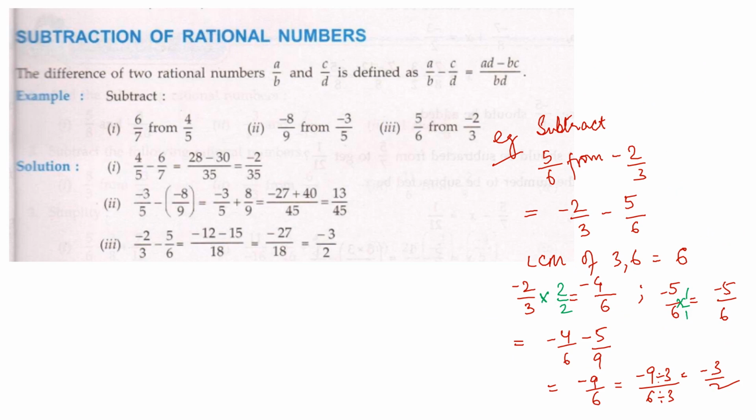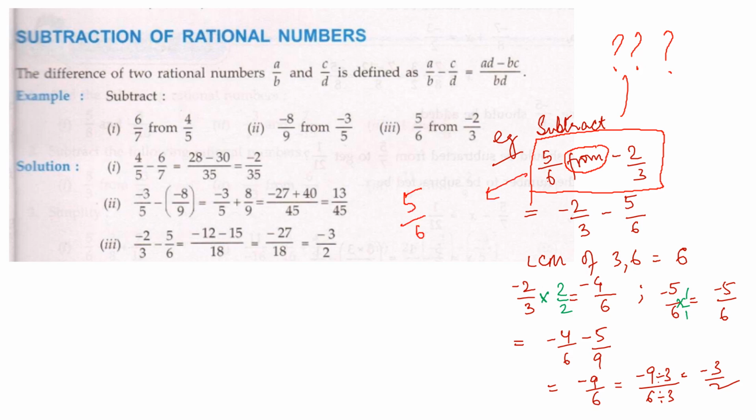Subtraction of rational numbers we have already talked about. Now here only I can see many of you are always confused. Whenever they say subtract 5 by 6 from minus 2 by 3, this word from is very important. All of you are doing 5 by 6 minus of minus 2 by 3. No. From always means from the next number you have to subtract.